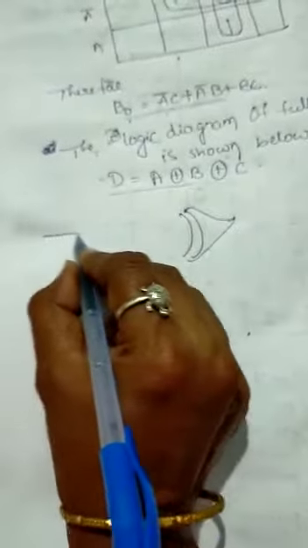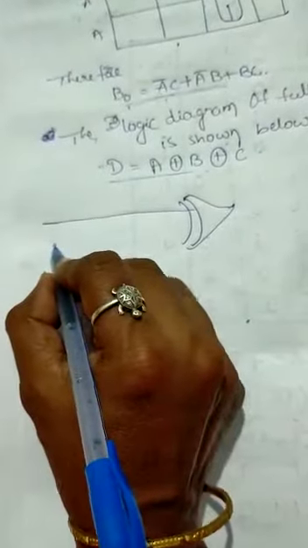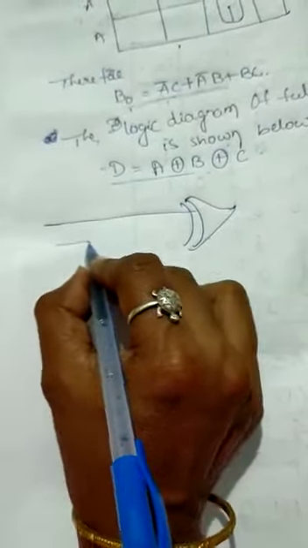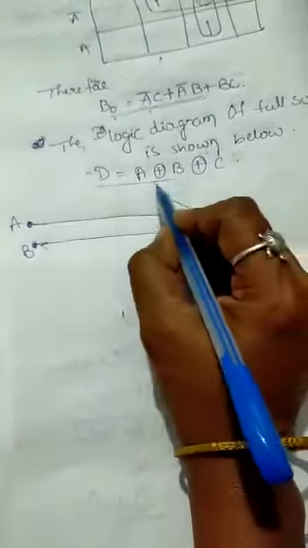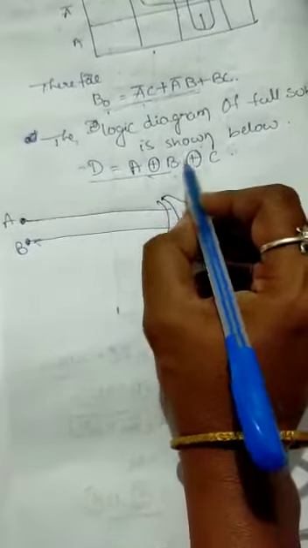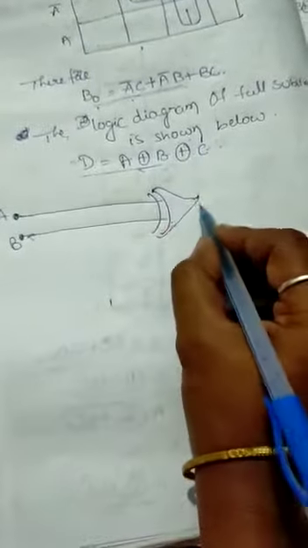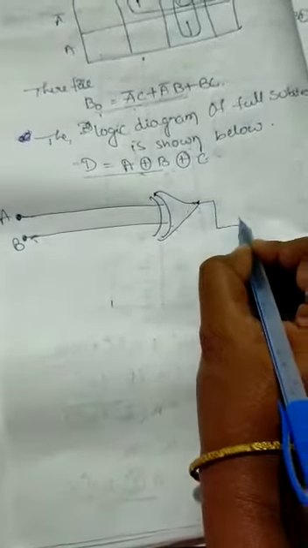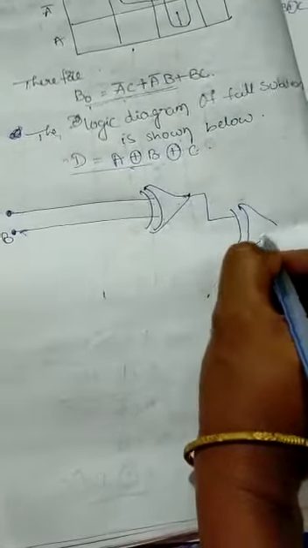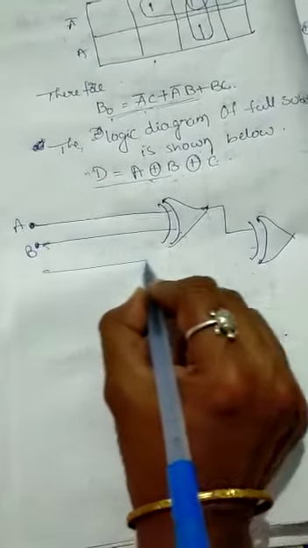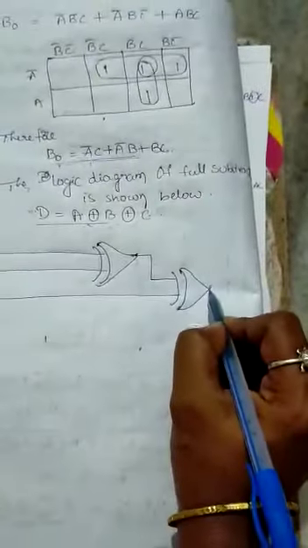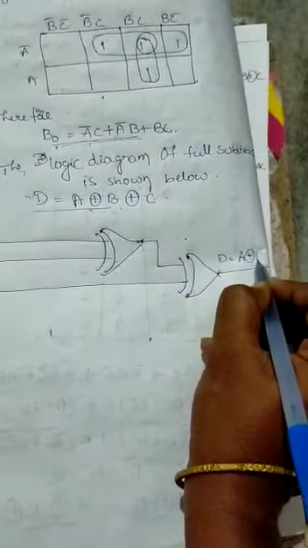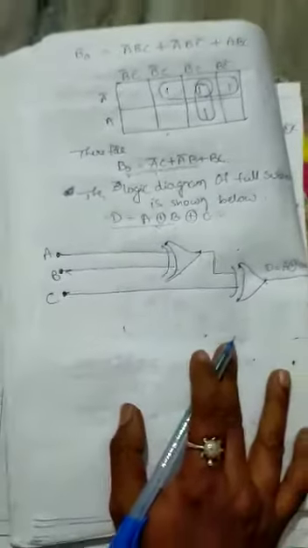We can take the inputs, A and B. This is the exclusive OR of A with B. This output will again be exclusive ORed with C, so we take another input, that is C. So this is the logic diagram for the D. That means D is equal to A exclusive OR with B exclusive OR with C. This is completed.